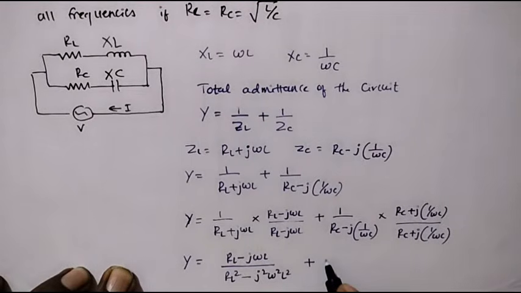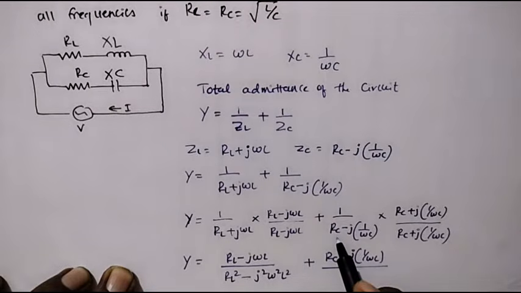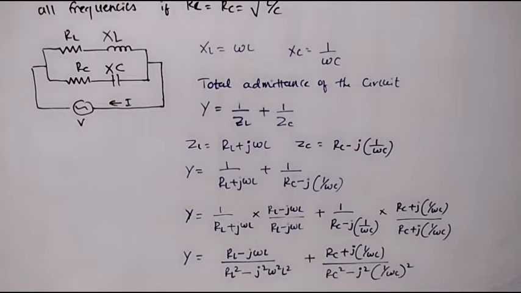Plus on this side, RC plus j 1 over omega C divided by, it is of type A minus B, A plus B, that is A square minus B square. Here A is RC, B is j into 1 by omega C, that is RC square minus j square 1 over omega C whole square.